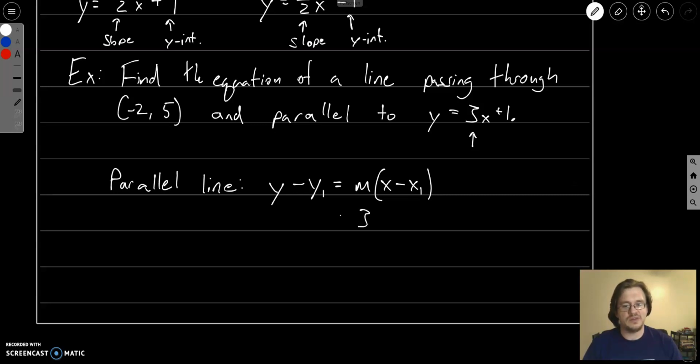Our slope is going to be 3, and then x minus x1 is going to be x minus -2, which will turn into x plus 2, and y1 is going to be 5. So we'll have y minus 5. So this is point-slope form.